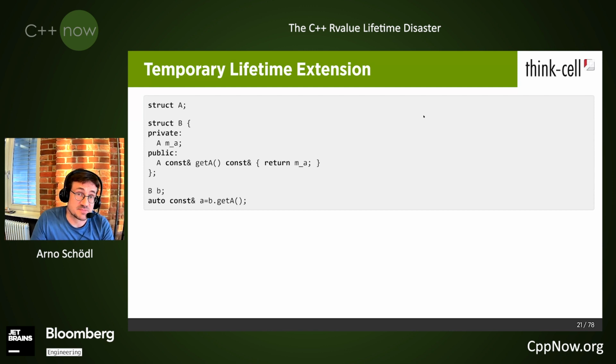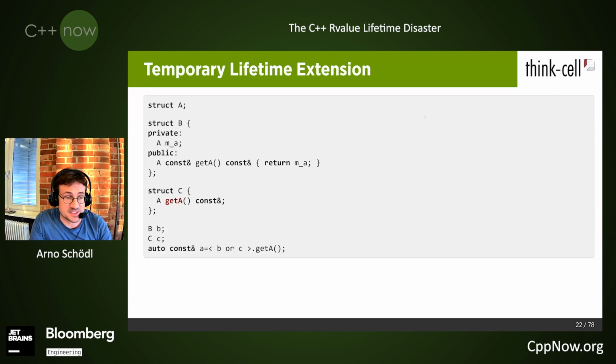So nothing special here. Now, let another structure enter the picture. It also has a getA, but in that case, that getA is returned by value. Now, let's say you have generic code that either takes a B, which returns by reference, or the C that returns by value. And you just write getA to generically say, well, I need the A, right? I need to store it somewhere. So you write auto const reference.